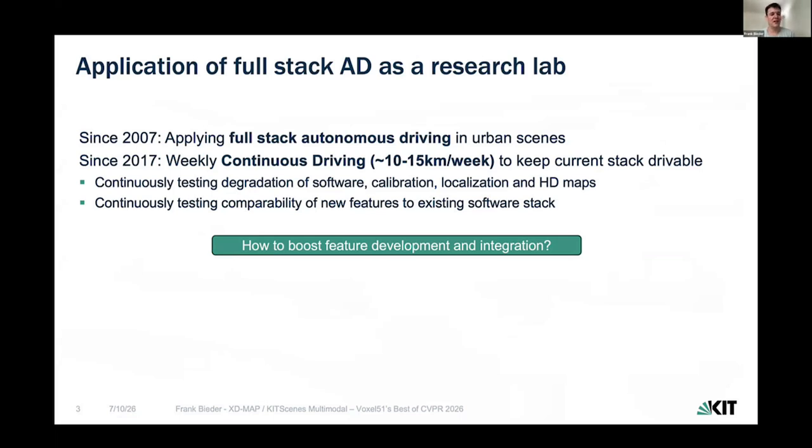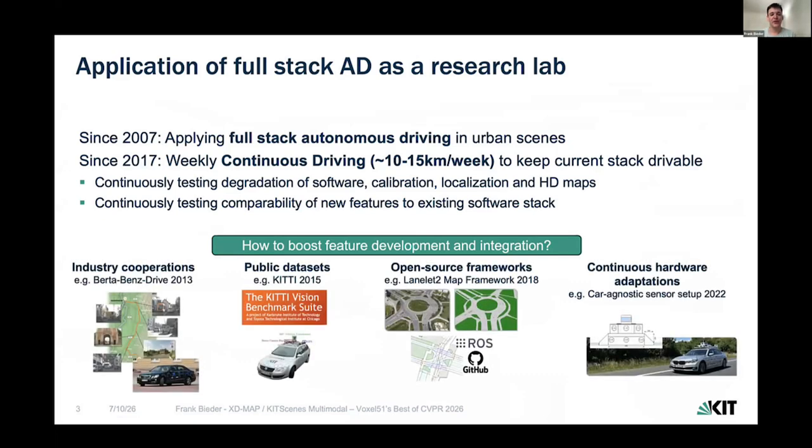So since I think now 19 years, we are allowed to drive fully autonomously in multiple German cities. So we are one out of I think three or four university labs allowed to do that. And to drive our stack and our research forward, we do, of course, industrial projects. One of the most famous ones is the Bertha-Benz drive of 2013.